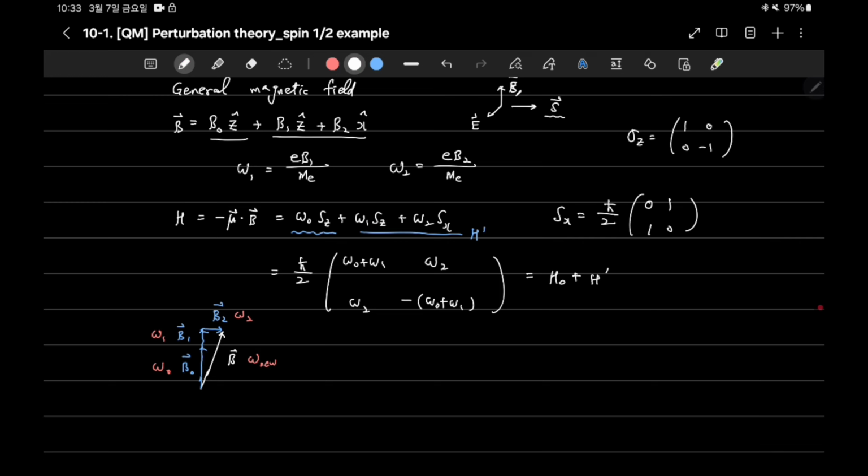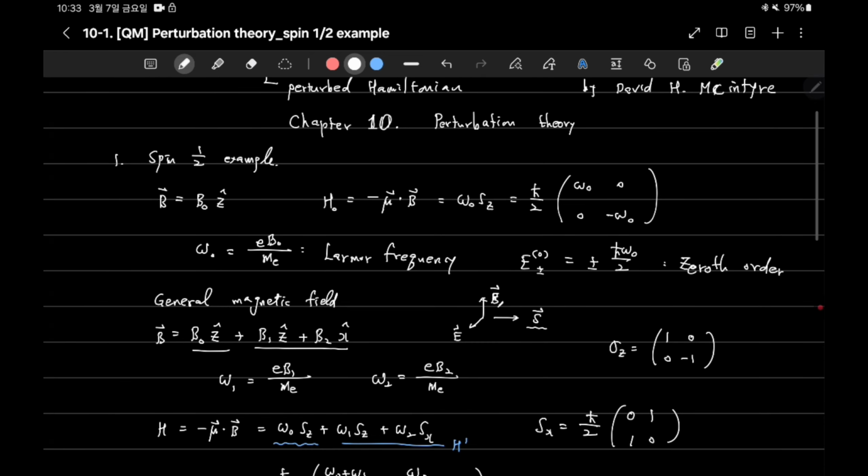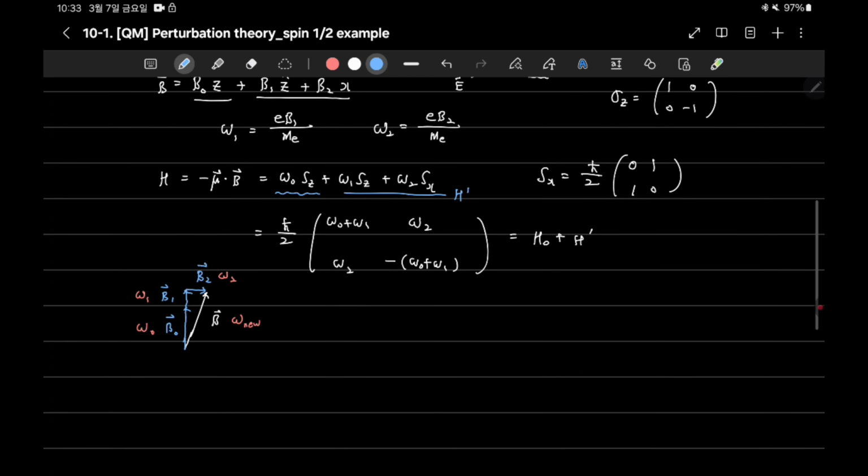Here, H0, this Hamiltonian, is like this, and the other one, H prime, can be written down in a different manner. H prime is 1/2 h bar times omega 1, minus omega 1, and omega 2, omega 2. It is a different, additional Hamiltonian.